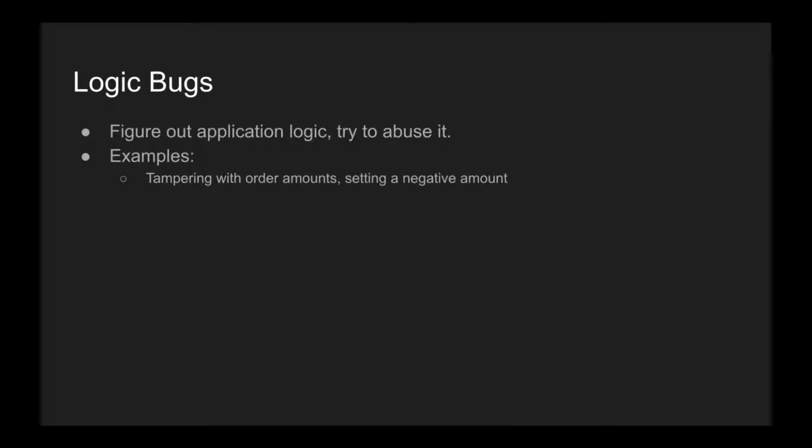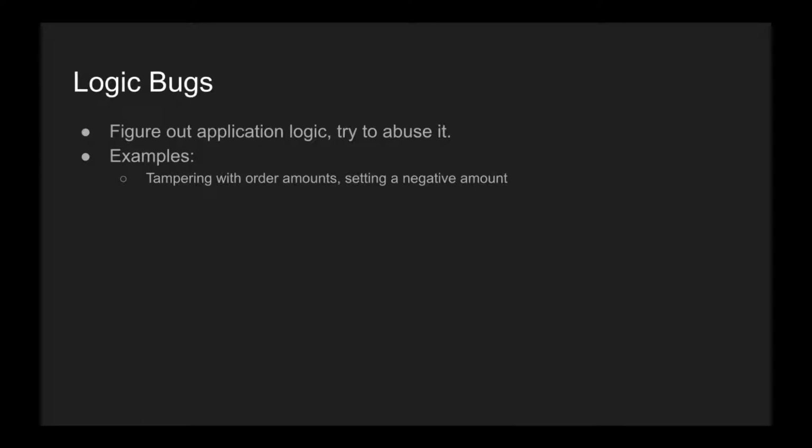So an example of a logic bug is, say you have an application with a bunch of different products and you can order products. Say you try to add a product to your cart, right? And it says okay, +1, +2, however many you want. Say you intercept one of those requests and set that number to like -10.